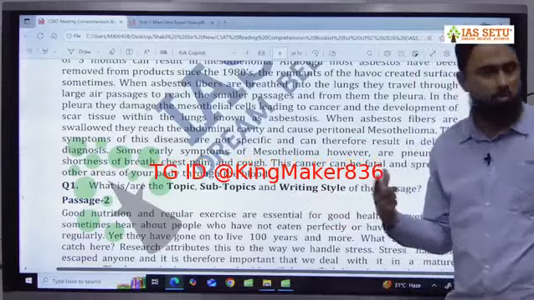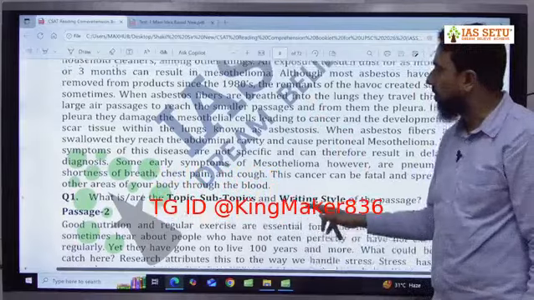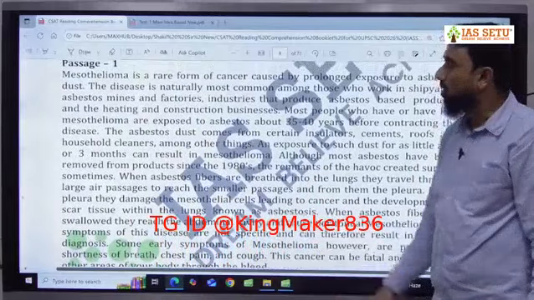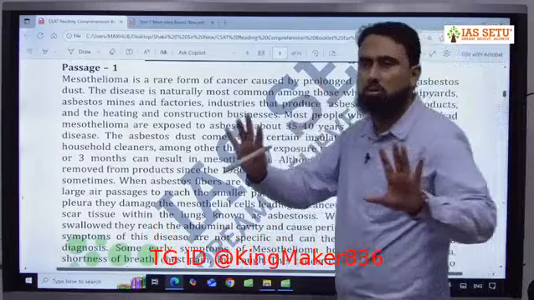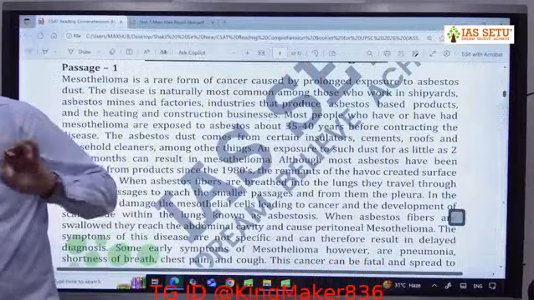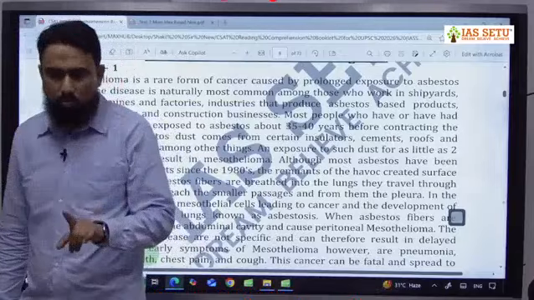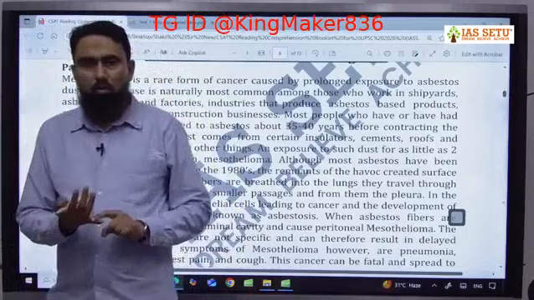It is 7 in your hard copy, the numbering of the soft copy has shifted. So page number 7, and this passage is mesothelioma is a rare form of cancer. Now what to do? It's a time bound exercise. I will only give you 60 seconds to complete the reading, and please don't take a head start. Wait for now. 3 answers you have to do.